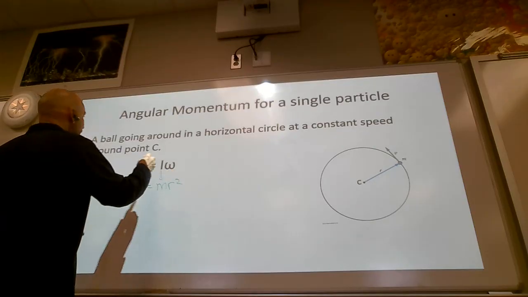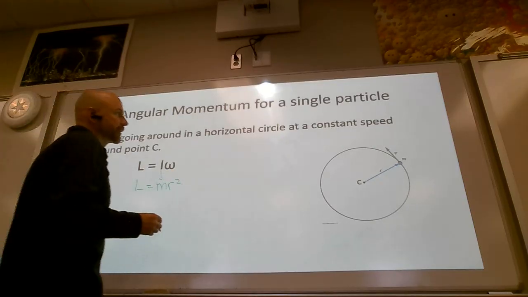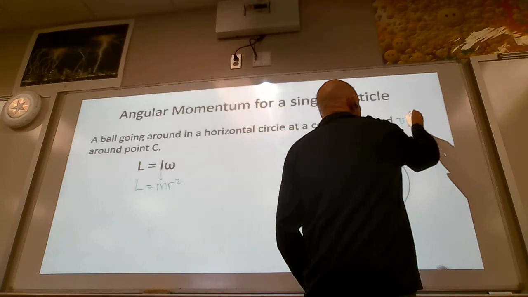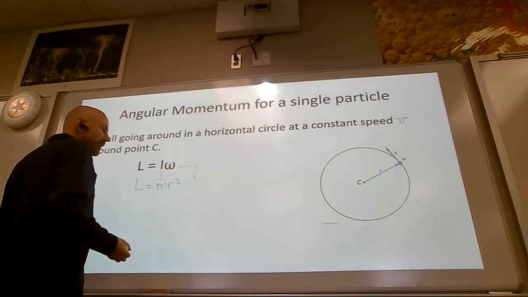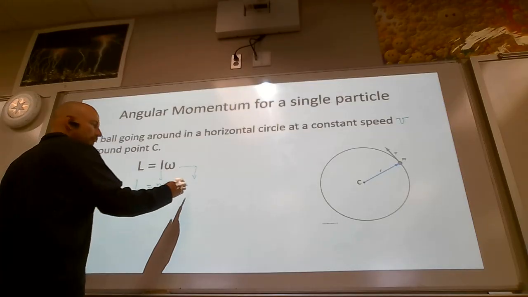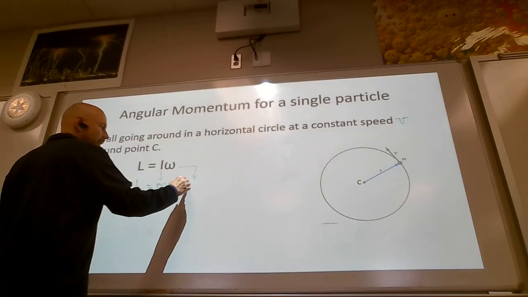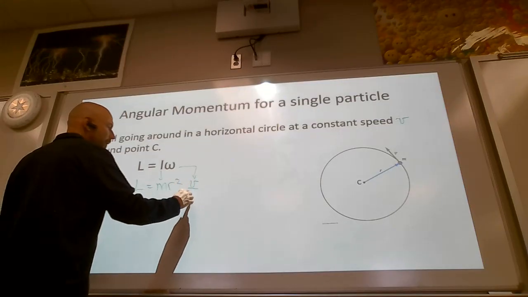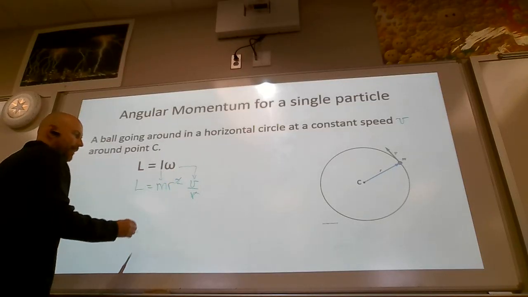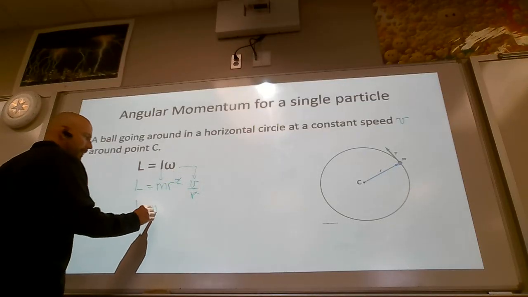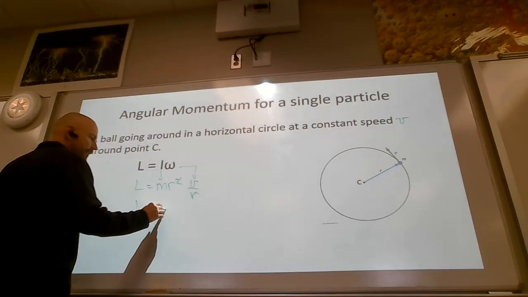And I've got a constant speed, so I need to express this in terms of v. Omega is v over r. So that's going to knock out that, and you're left with this expression.